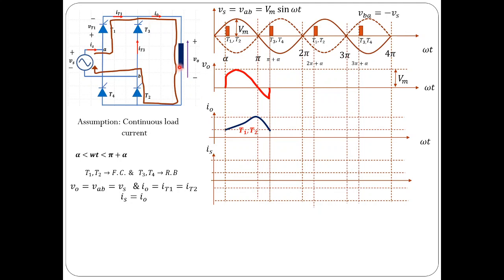As positive voltage is applied across this inductive load, the current will rise gradually as long as positive voltage is applied. We apply positive voltage until pi radians, so it increases, and at omega t equal to pi, negative voltage appears across the load, so the current falls gradually this way.